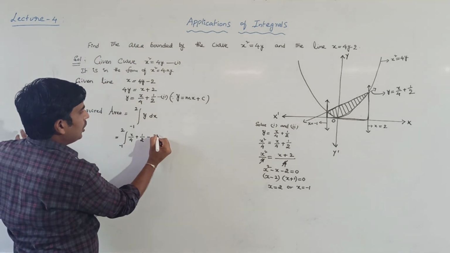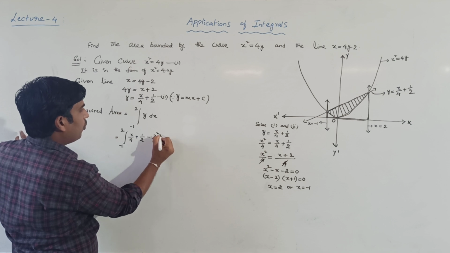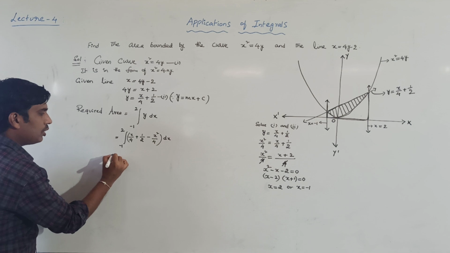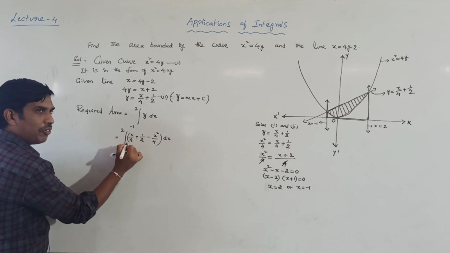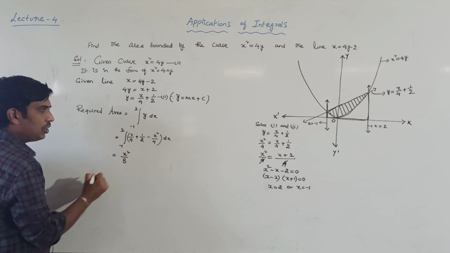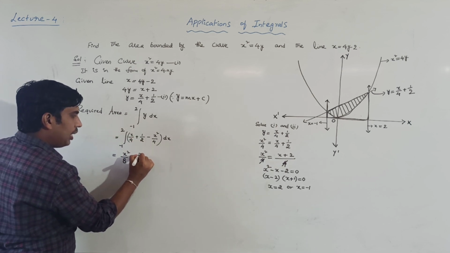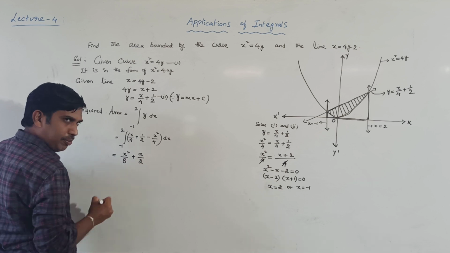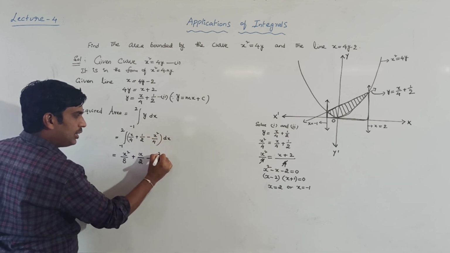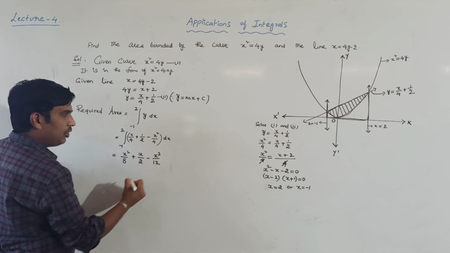Nothing but x square by 4, whole dx. So simplify: x by 4 integral is x square by 8, 1 by 2 integral is x by 2, minus x square by 4 integral is x cube by 12.